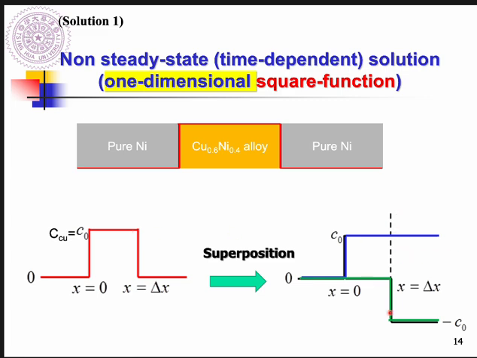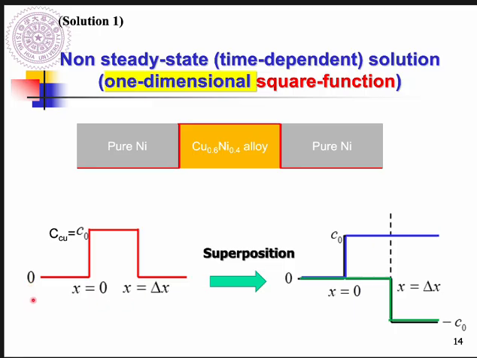And while x is larger than delta x, the concentration is C0 plus negative C0, so we get 0 here. So it turns out that we can use these two step functions to form this square function.